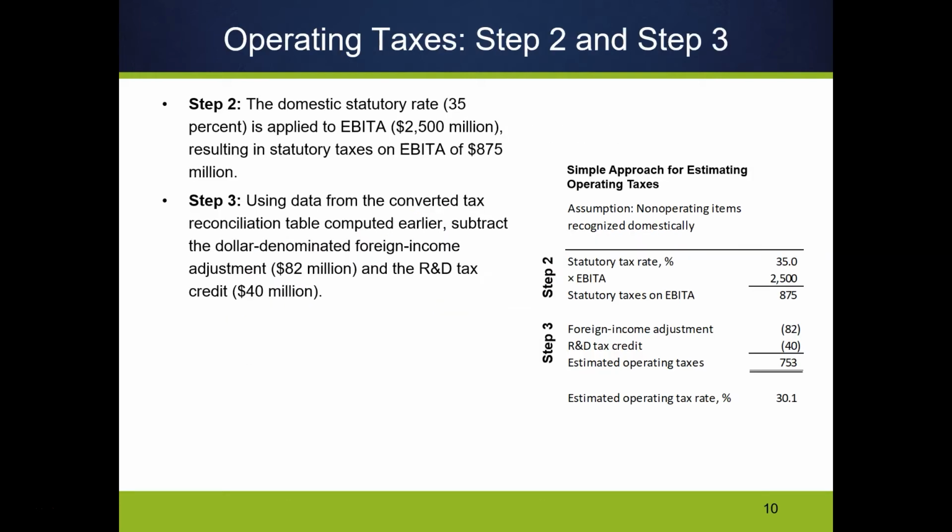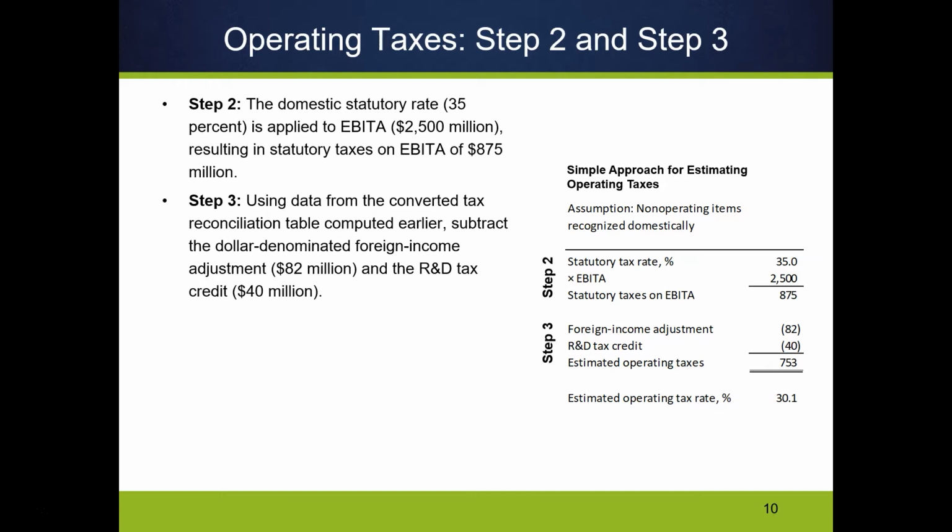It's just multiplication here. Step 2 is where we start to make some estimations. What we have to estimate is a way to work our way from the statutory rate and the consolidated EBITDA to some measure that looks at operating taxes.